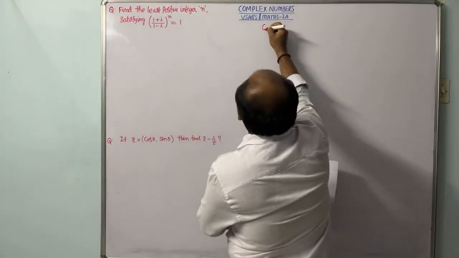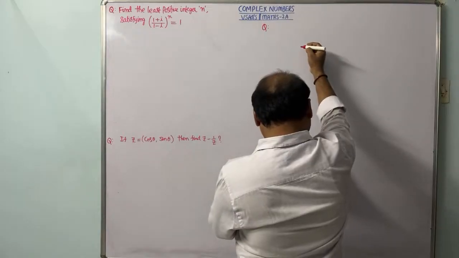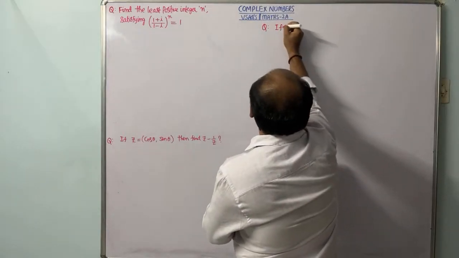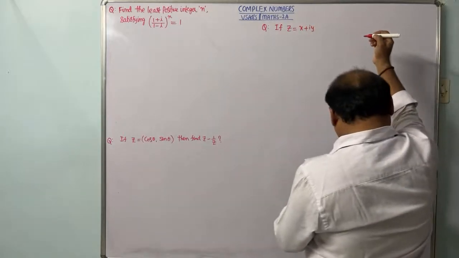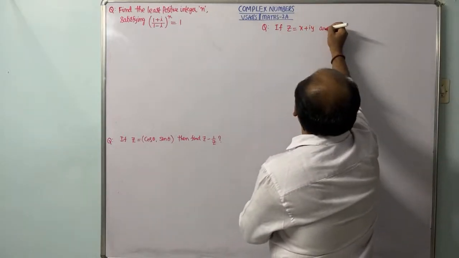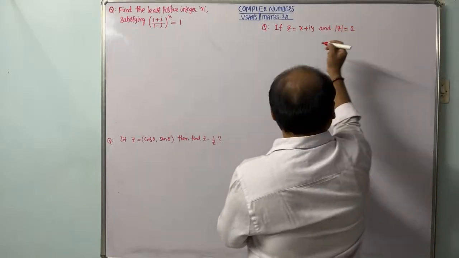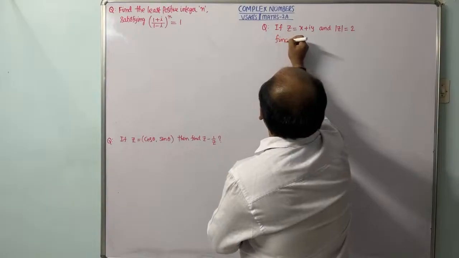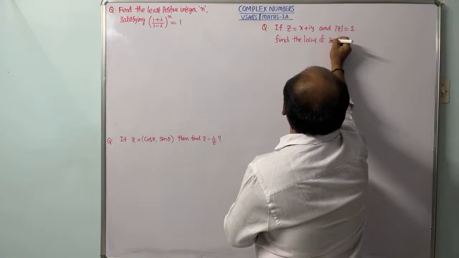The next question: if z is equal to x plus iy and mod z is equal to 2, find the locus of z.